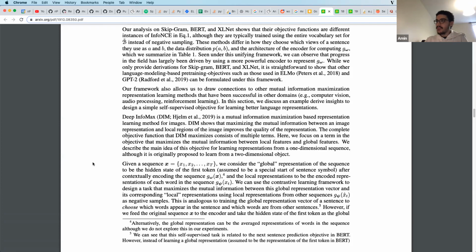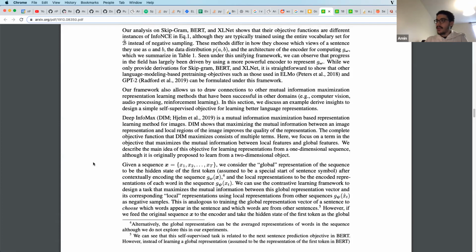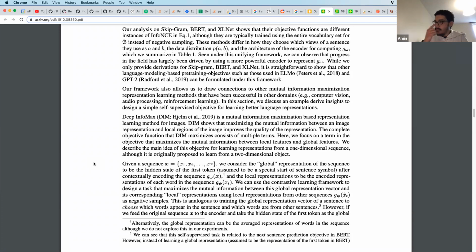Okay, so the model discussed in this chapter combines part of BERT and a model called Deep Infomax. This is a method for getting mutual information-based representations from images.